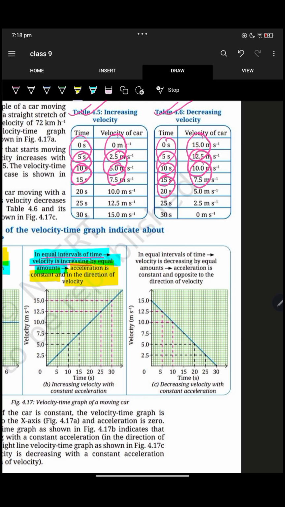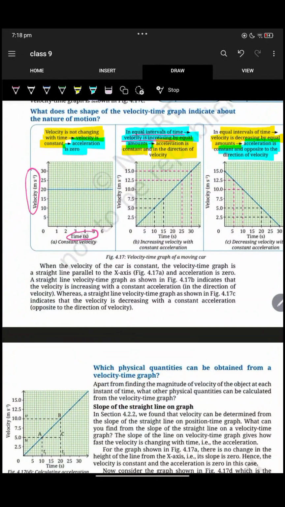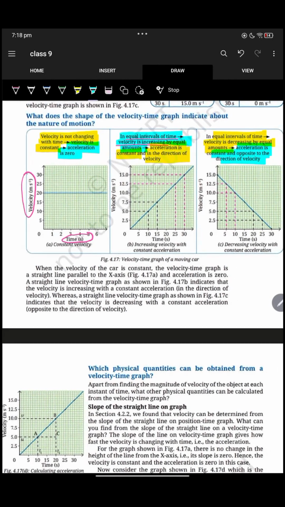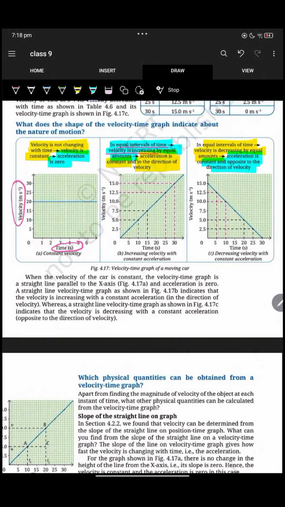So if it is decreasing, what does it mean? That is, velocity is decreasing by equal amount for equal interval of time. Change in velocity is there, so we will say acceleration. But the acceleration is constant in the opposite direction of the velocity. For such a case, what do we say? We use a term which is known as deceleration.